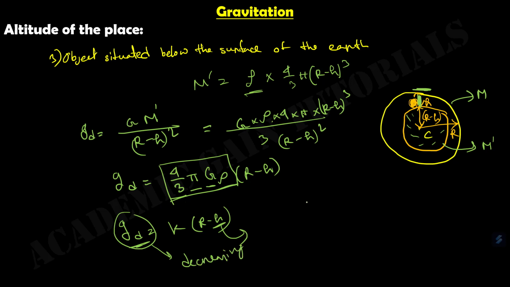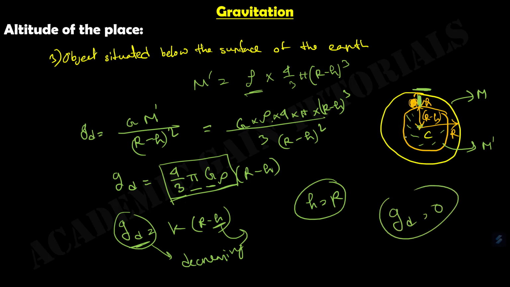And when h is equal to r, then our g of d will be 0. So at the center, the gravitational acceleration is 0. We found this conclusion from the above equation.